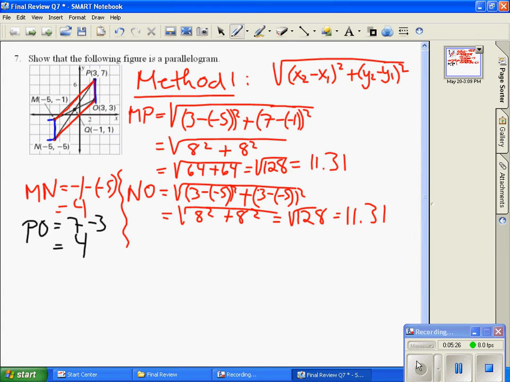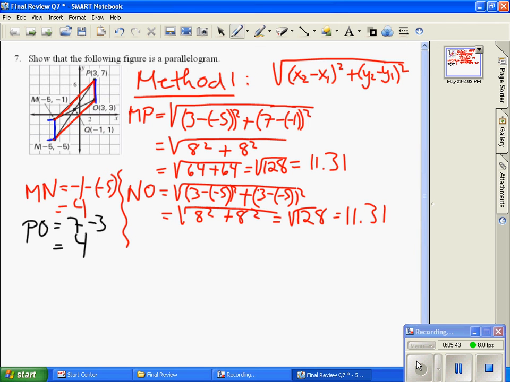So you can see that we have shown that opposite sides are congruent. So we want to make a statement about that, though. We don't want to just leave it as calculations, because somebody looking at this might have no clue what we're saying. So we want to make a final statement.